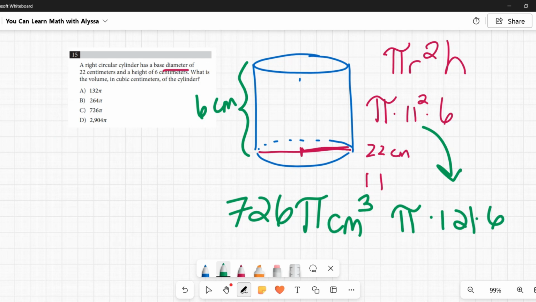All right, so 726 pi, and that is C. And sure enough, look at option D. That would be if I used 22 and squared 22 and then multiplied it by 6. I would have gotten D. So they are absolutely counting on you to do that. Always, always, always double check and make sure that you know what you've been given, in this case diameter instead of radius, and C, 726 pi, is your answer.